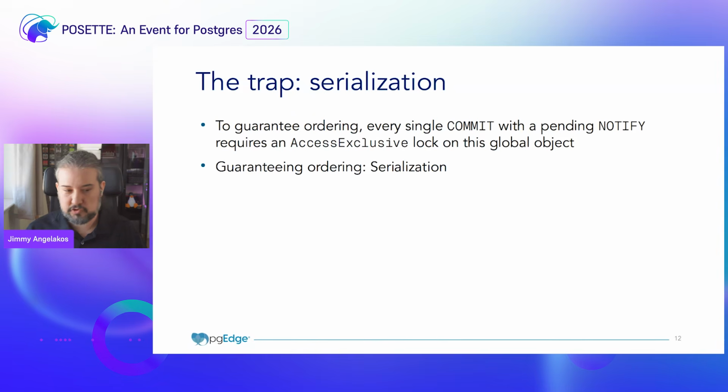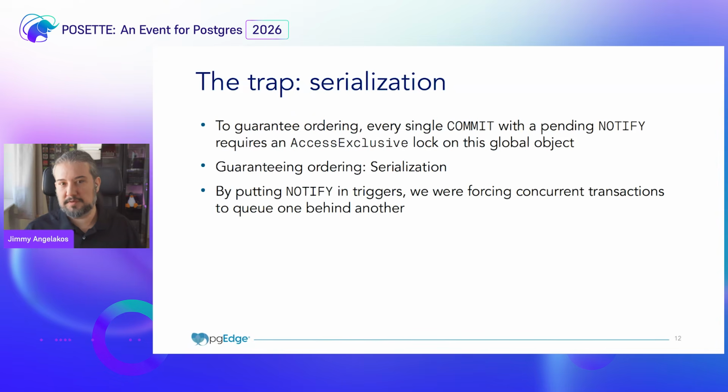It's serialization. So what are the implications here? The implications are that because we were putting notify inside of our trigger, this means that we were forcing transactions that were in reality concurrent to queue one behind another because the order of the notify calls needed to be guaranteed as commit order.